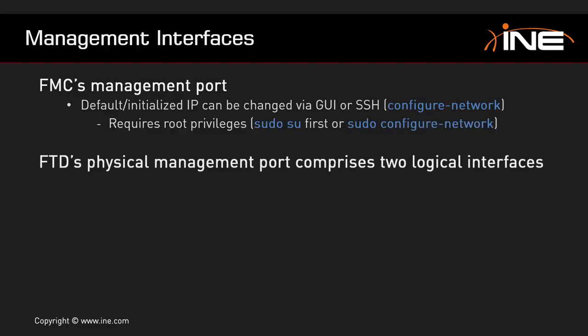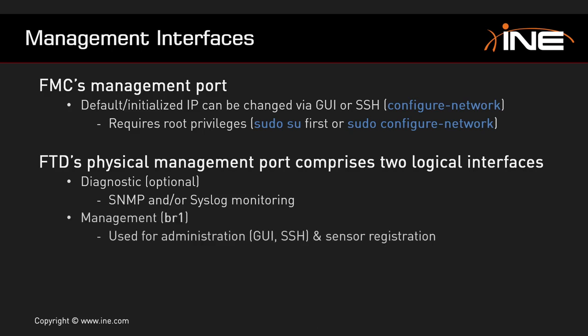Okay, how about the Firepower Threat Defense appliances? In this case, the physical management port of FTD is actually made of two logical interfaces. We have what is known as a diagnostic port, which is purely optional, and to be honest, Cisco doesn't actually recommend to use it unless you plan to send some sort of SNMP traps and syslog out of this single port.